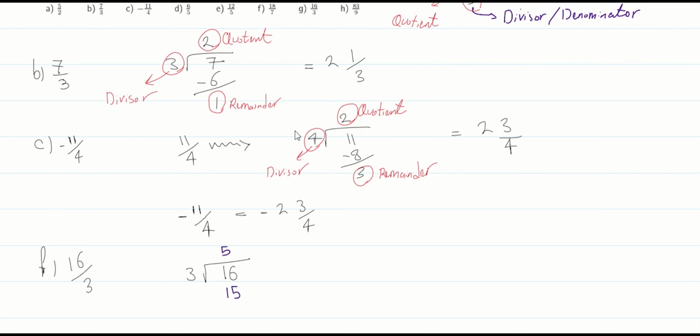We subtract 15 from 16. The remainder would be equal to 1. So this would be the remainder. This would be the quotient. And this is the divisor. So we can write this as 5, 1 over 3.